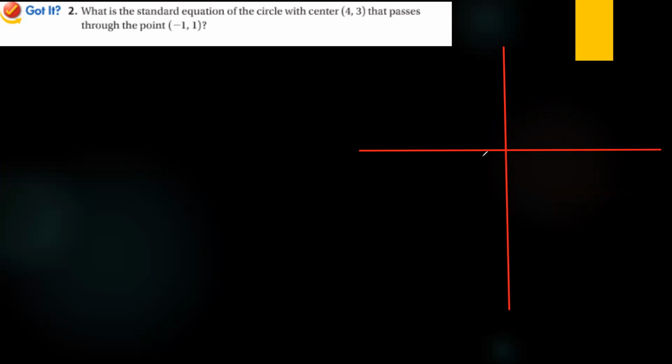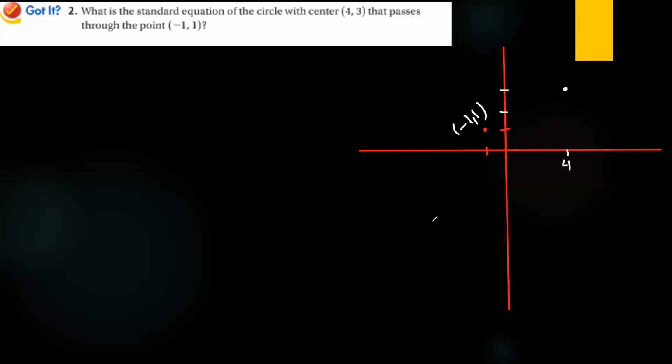Now, -1, 1, where is it? Here is -1. Here is 1. So this is the point -1, 1. The center now at 4, 3. So what does it mean?